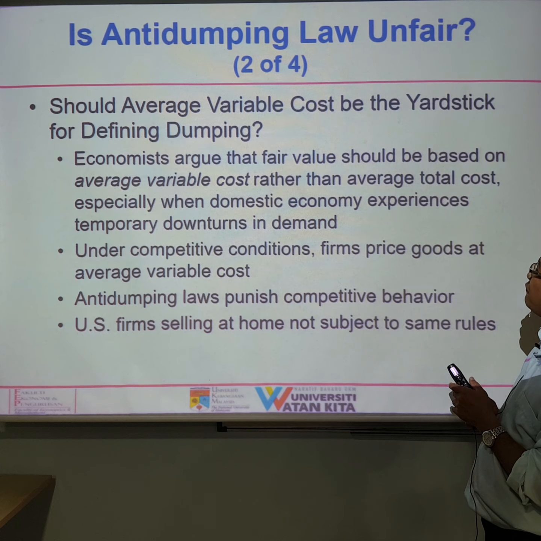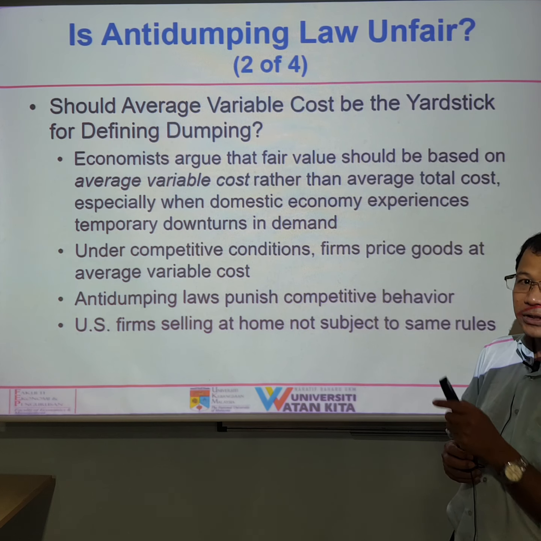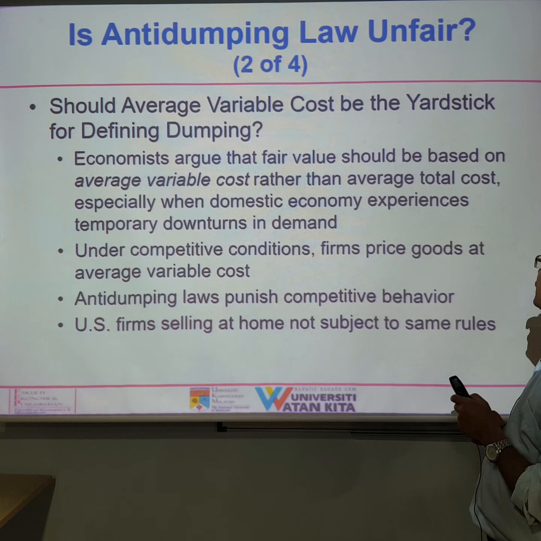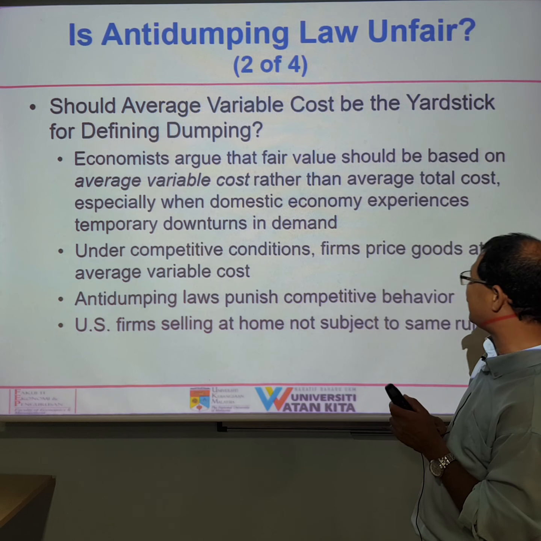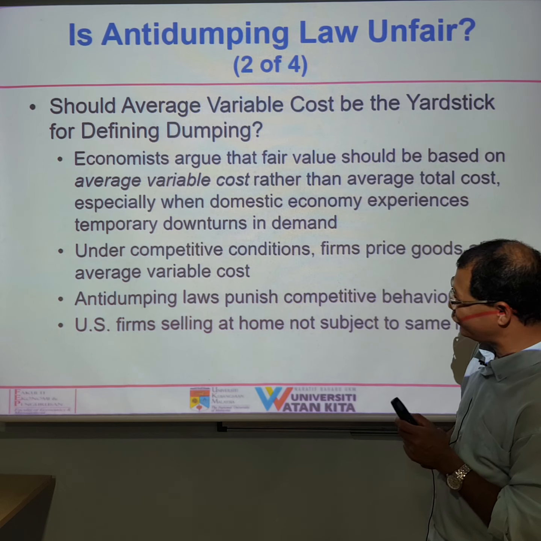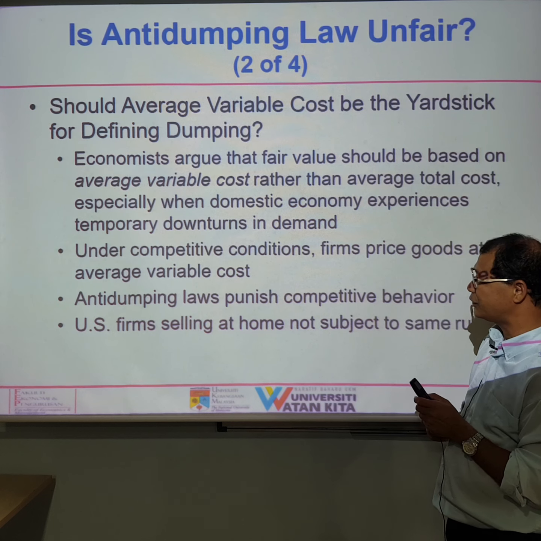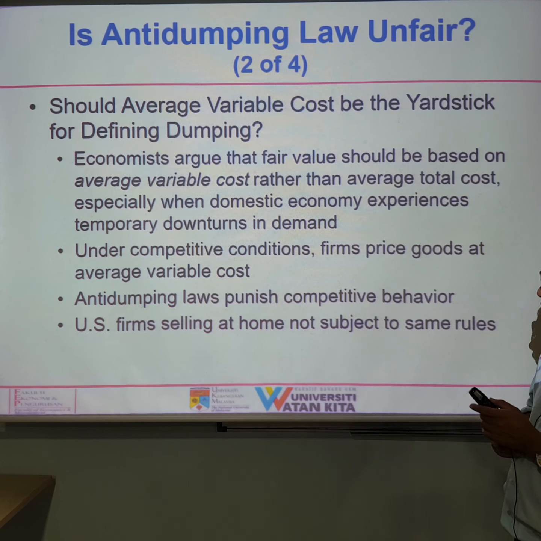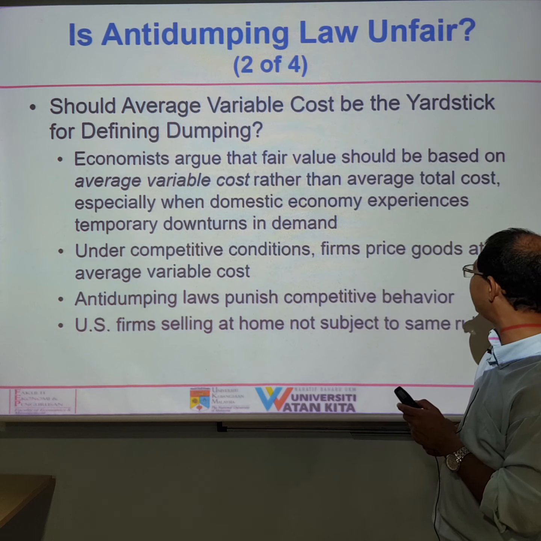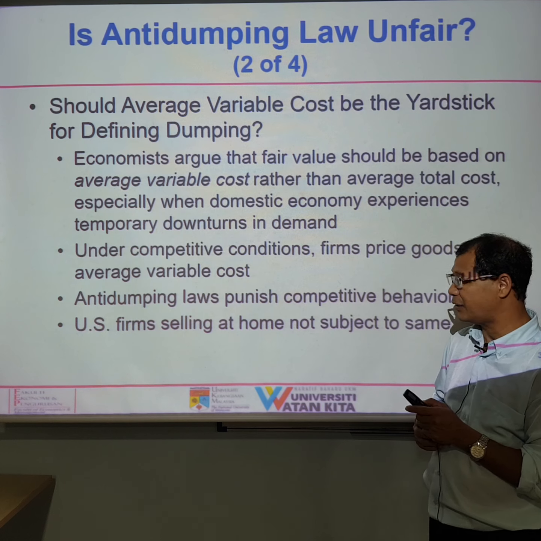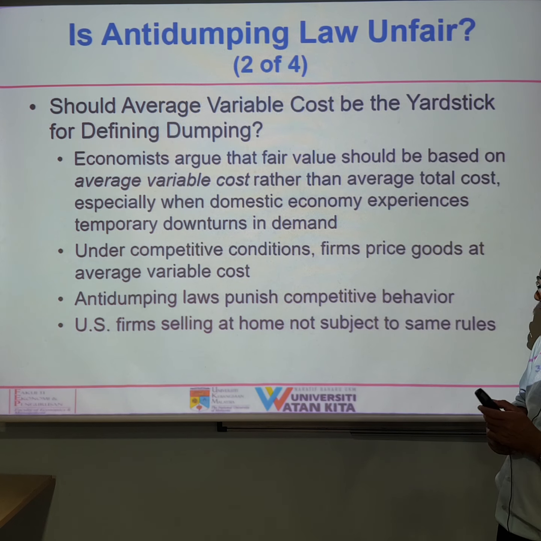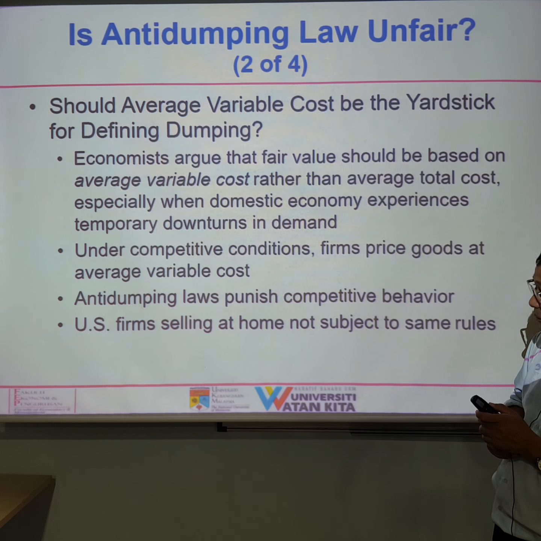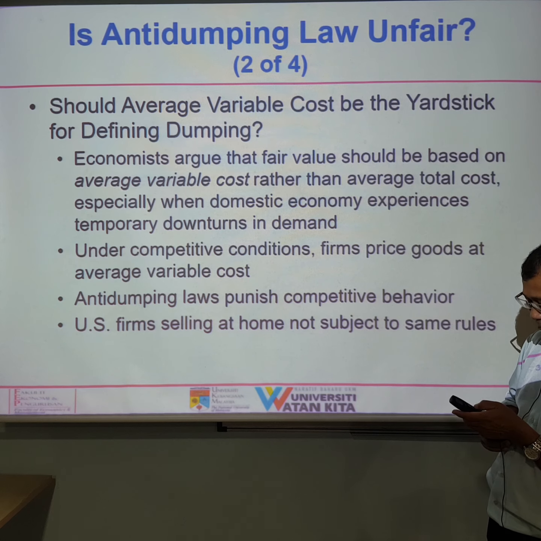Economists argue that fair value should be based on average variable cost rather than average total cost, especially when the domestic economy experiences temporary downturns in demand. Under competitive conditions, firms price goods at average variable cost. Anti-dumping laws punish competitive behavior, and US firms selling at home are not subjected to the same rules.